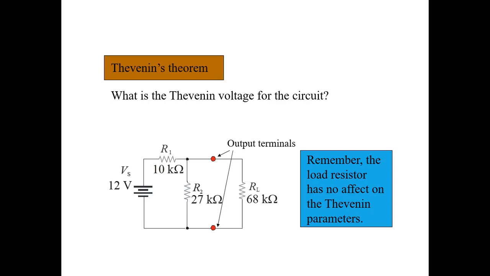The value of VTH is the voltage between the two red points. One thing we have to remember: the load resistance has no effect on the Thevenin parameters. The load resistance is 68 kilo ohm, and that value does not affect the Thevenin parameters, which are the first parameter VTH and the second parameter RTH.